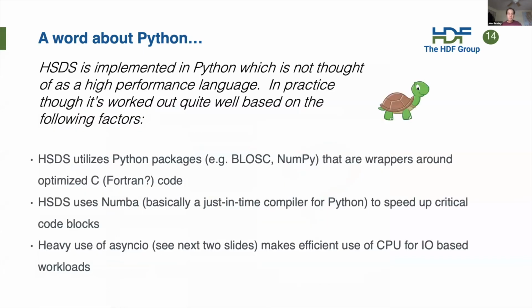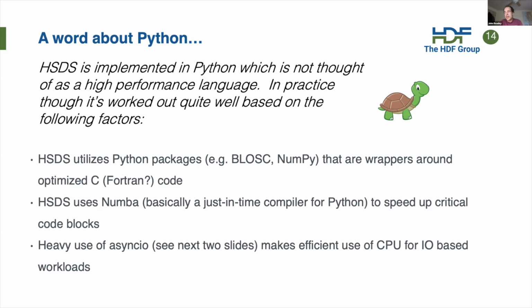A word about Python. So for high performance people, Python may seem a bit of an oxymoron as a language to write a server in. But you know, it's worked pretty well for us. So even though Python doesn't support true multi-threading, because we use Python packages like BLOSC or NumPy, which are highly optimized code, it works pretty well, right?